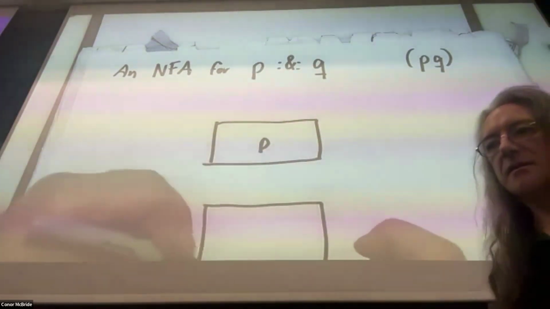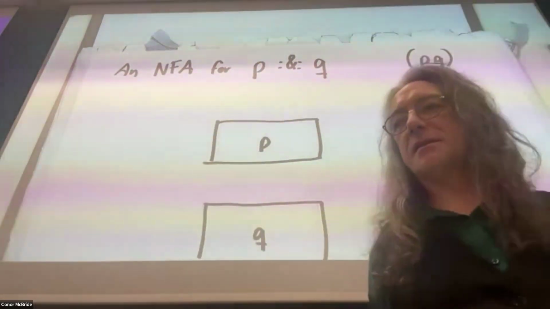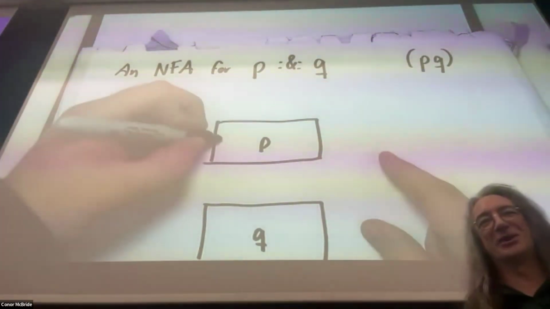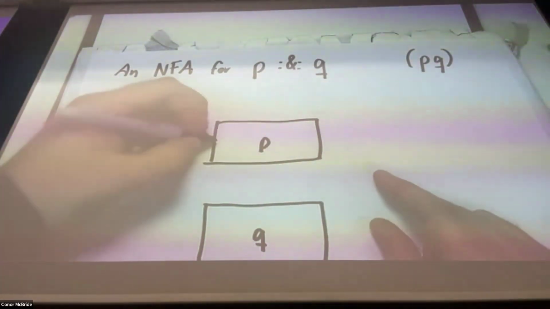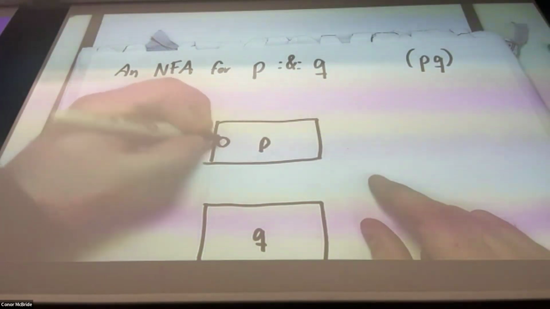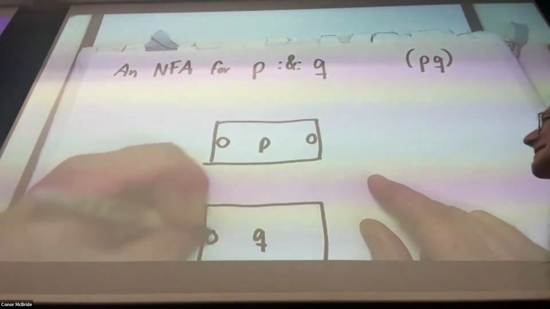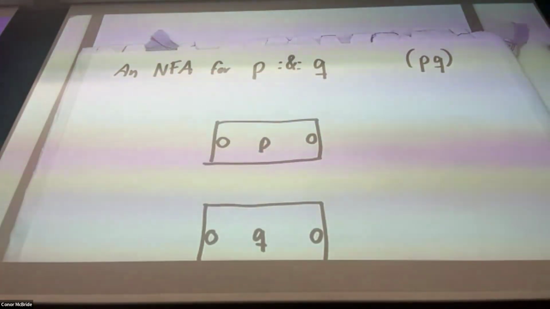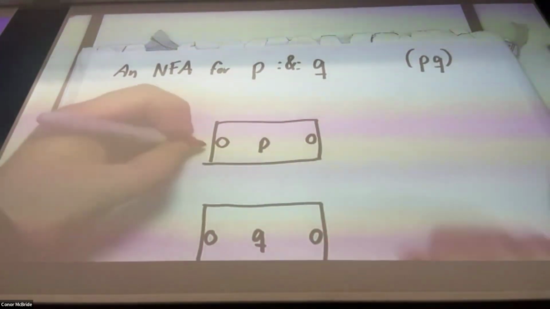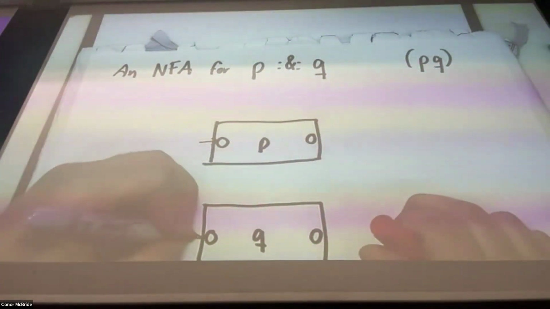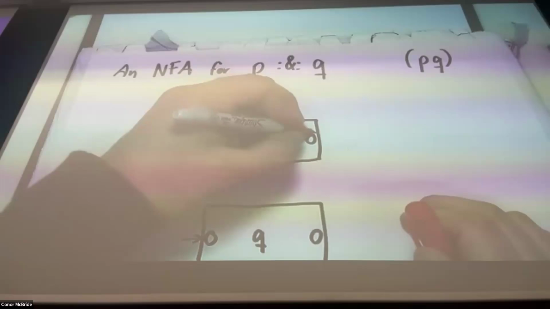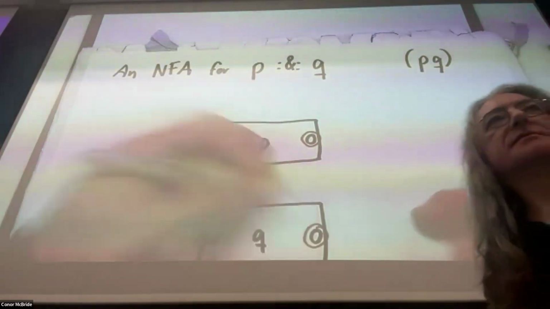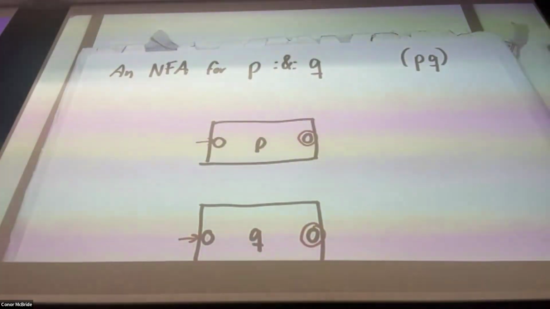I'll put them on top of each other for convenience. And we can assume that we have a designated starting state in P, and we have a designated starting state in Q, and we have a designated accepting state in each one of them. So now the job for Connor is to somehow plug these together so that overall it acts as P and then Q.